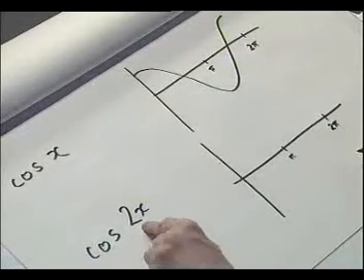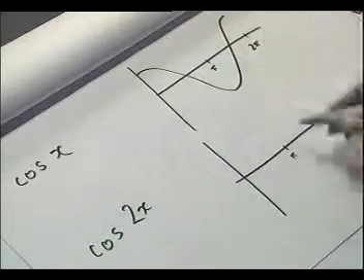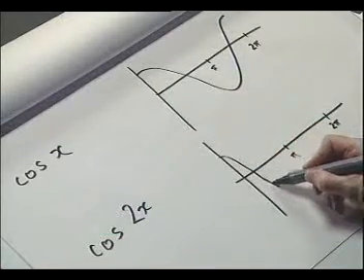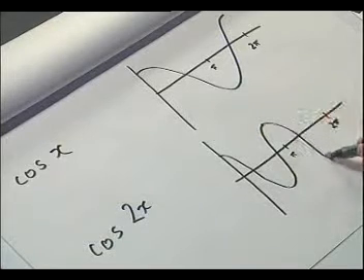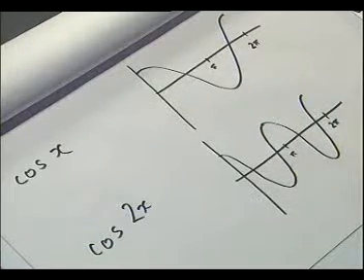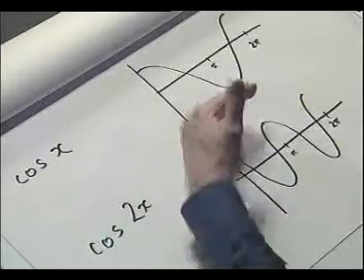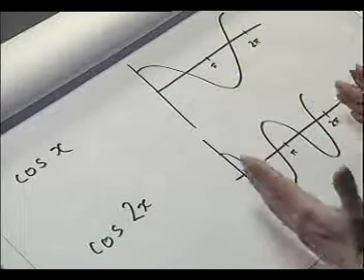This is going to go through twice as quickly, so we're going to see that shape repeated in this space here. So we're going to see that come down and go up, and then we're going to see it repeated again, like that. So sketching these graphs at multiple angles is quite easy. All that you need to do is look at the original graph and judge the number of times that it's going to be repeated over the given range.